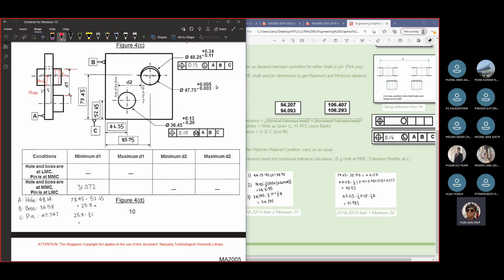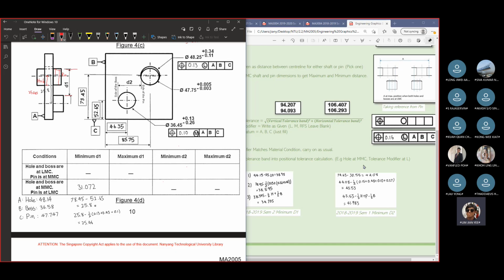You have to add the 0.34 minus minus 0.11, so 0.45. Then you add the bottom boss, MMC matching, so 0.1. Then you get 25.8 minus half of 0.13 plus 0.45 plus 0.1, which gives 25.46. Thank you for correcting me.